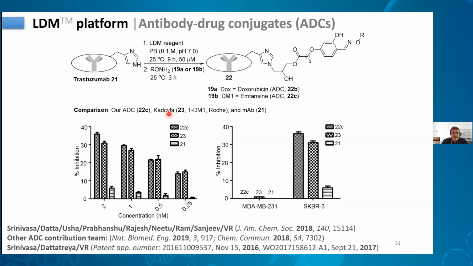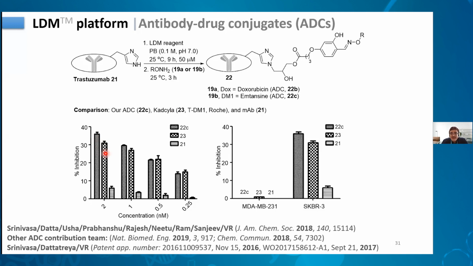And what we were excited to see is that the LDM-derived ADC does a pretty great job in inhibiting the HER2-positive cells, and it does perform slightly better in comparison to Kadcyla in every trial that we did.